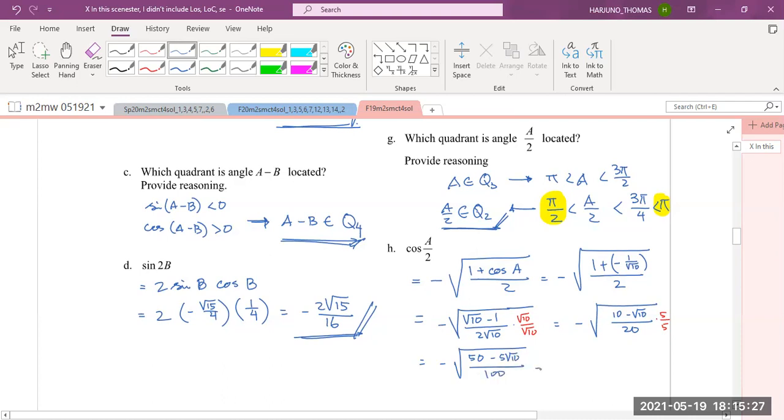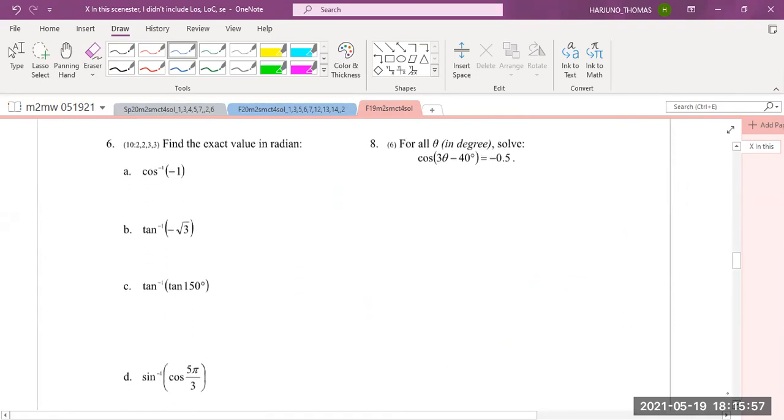Then I can take that 100 out: square root of (50 minus 5 square root of 10) over 10. But this 10 is already outside of the radical. Okay, that's for part G.